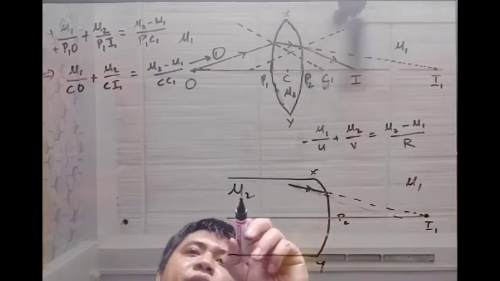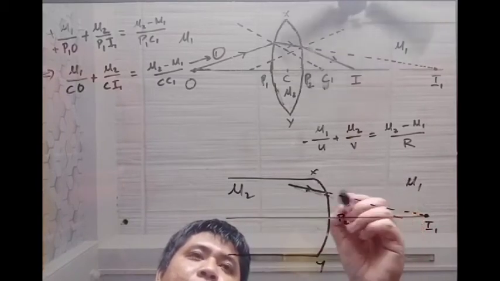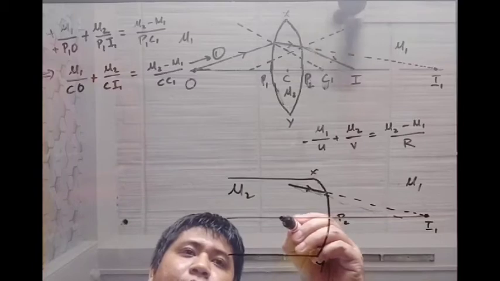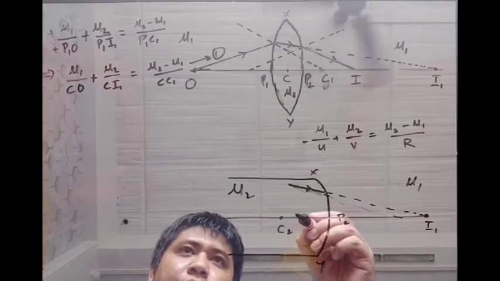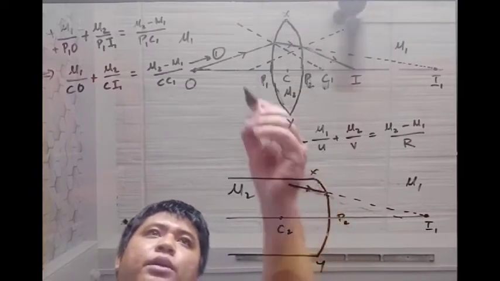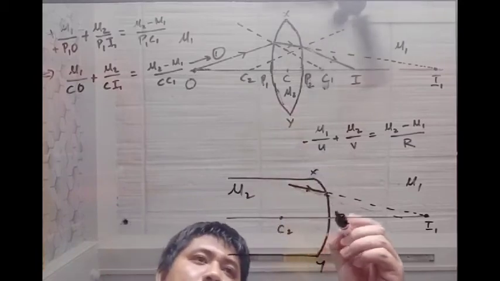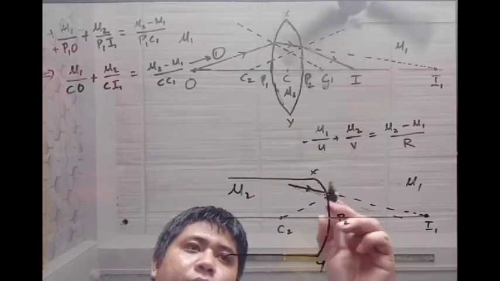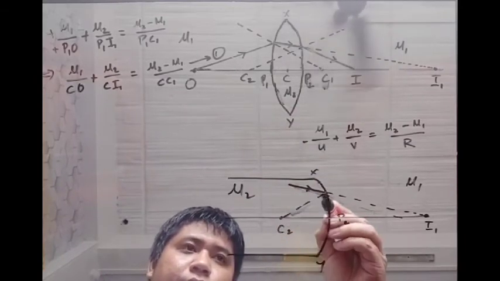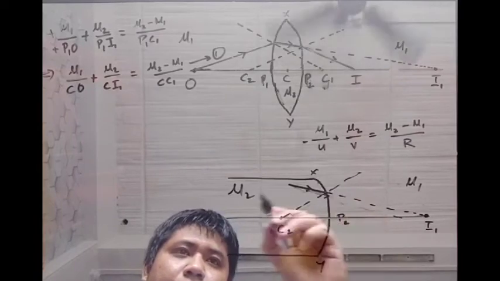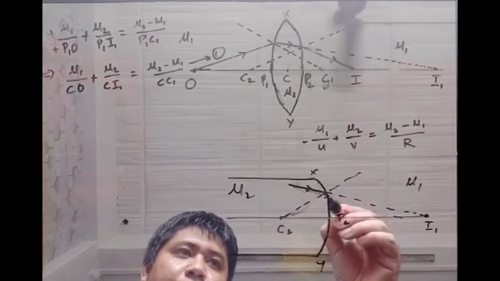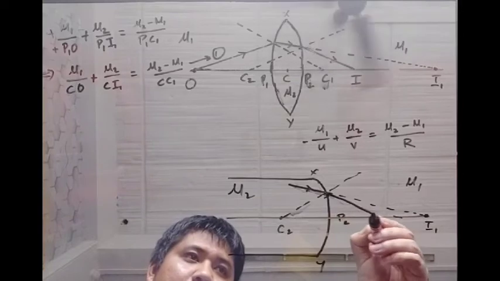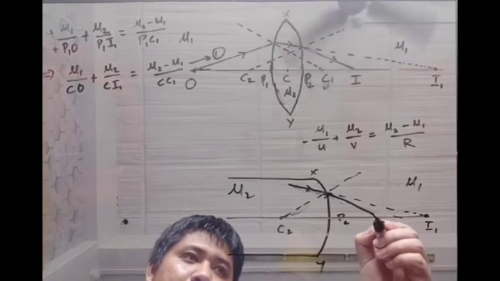Here the ray travels from mu2 to mu1. This is C2. This is the normal. It bends away from the normal since it is from denser to rarer medium. This is the final image, I.